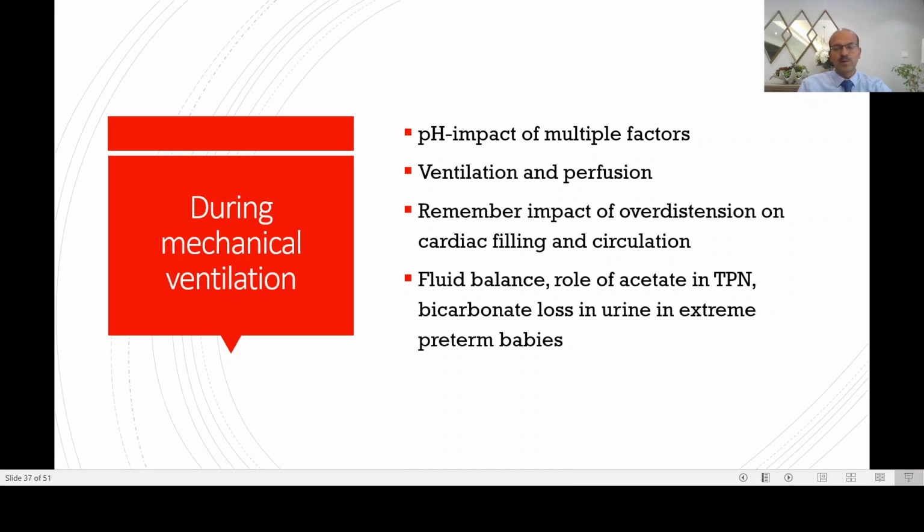If the CO2 is low and your capillary filling is prolonged and your base excess is increasing, that means it's because of over distension. BPD is related to barotrauma and volutrauma. Please don't overdo ventilation. Your aim of ventilation is to support the baby in a physiological manner, to tide over their problem. You're not going to overdo, and overdoing often is an important problem in medicine.